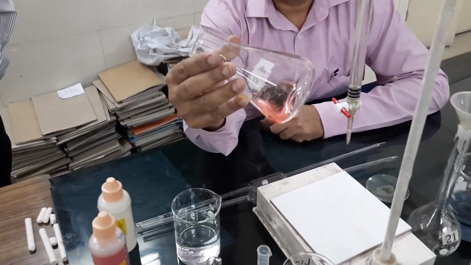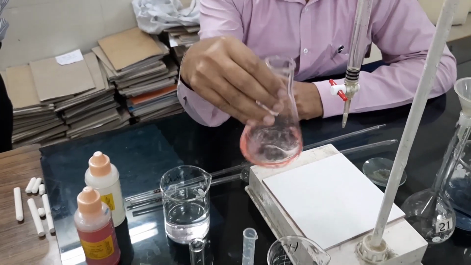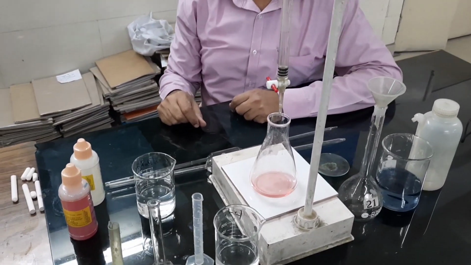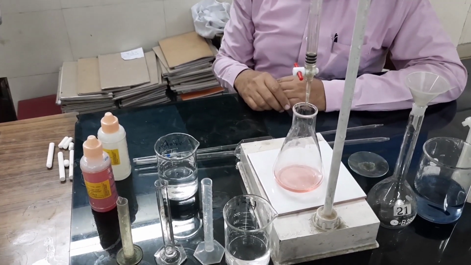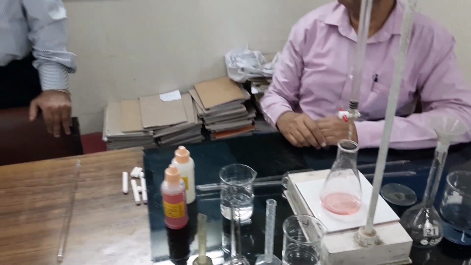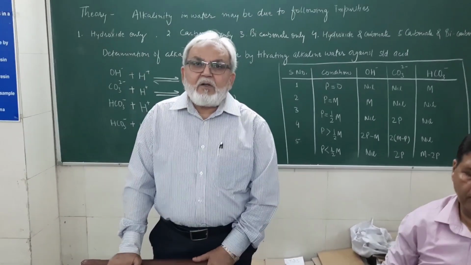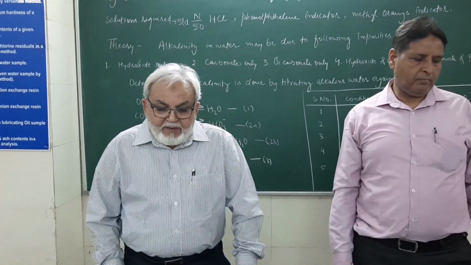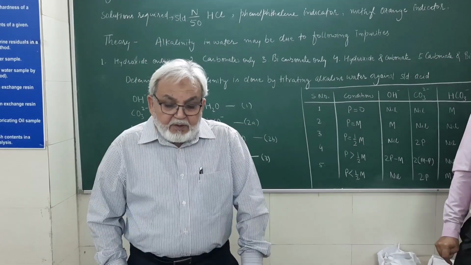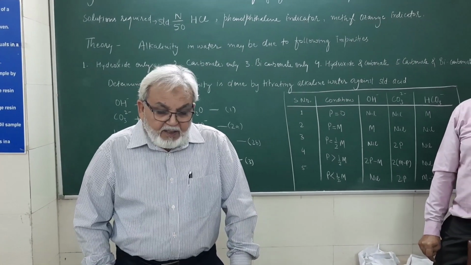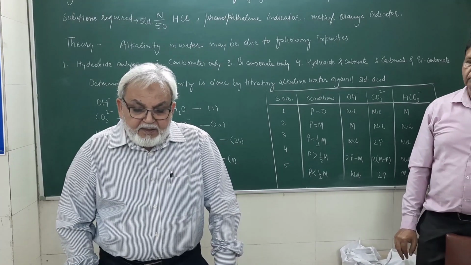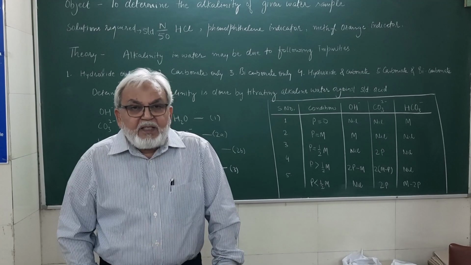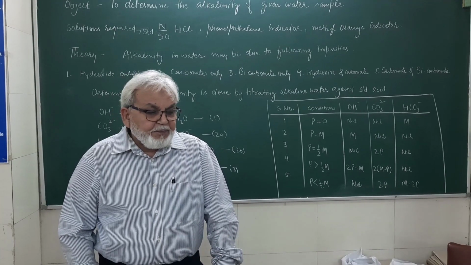Note down the volume of N by 50 HCl consumed and repeat the same titration to obtain concordant readings. Today we have obtained 10.3 ml up to the phenolphthalein endpoint and 14.9 ml up to the methyl orange endpoint.